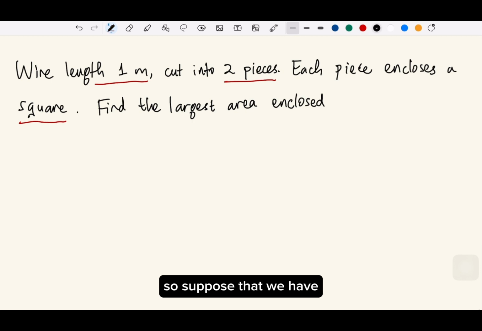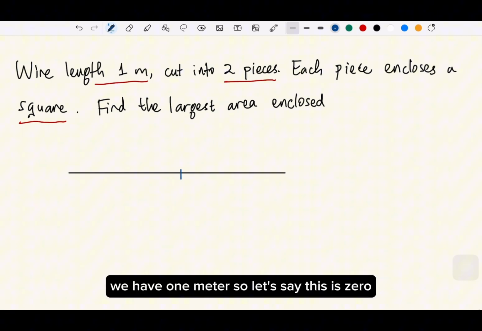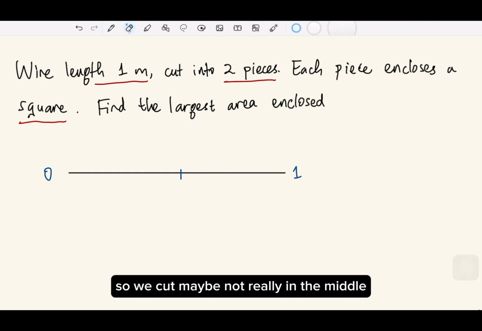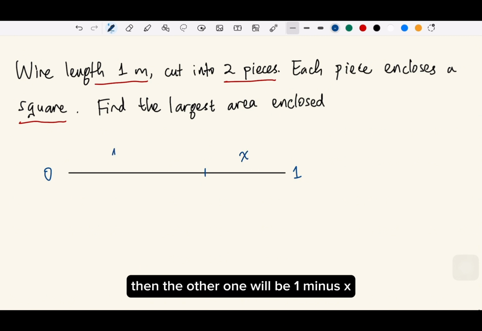So suppose that we have 1 meter. Let's say this is 0, this is 1. So we cut, maybe not really in the middle, maybe a little bit on the right side like that. If we name this distance x, then the other one will be 1 minus x.